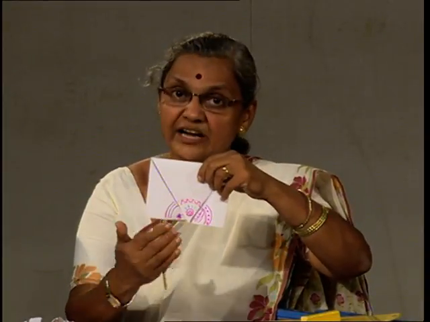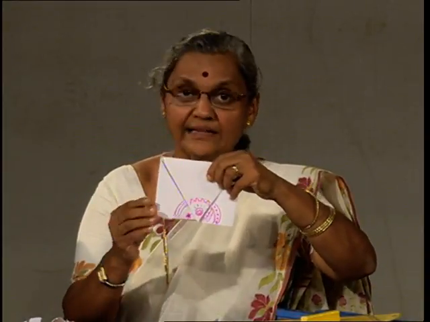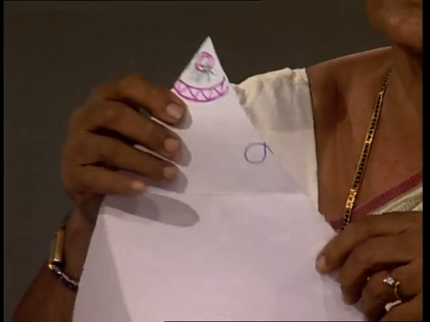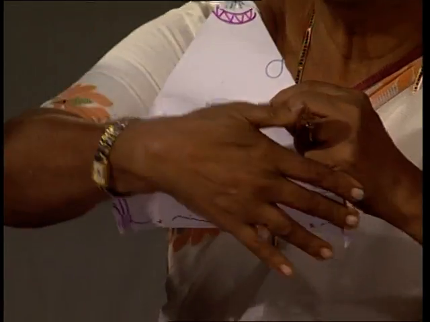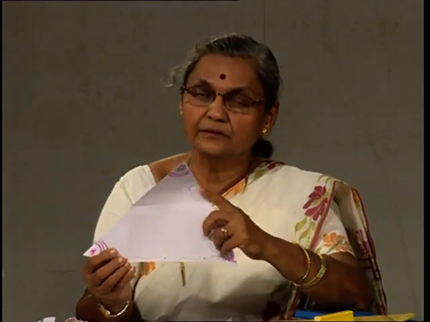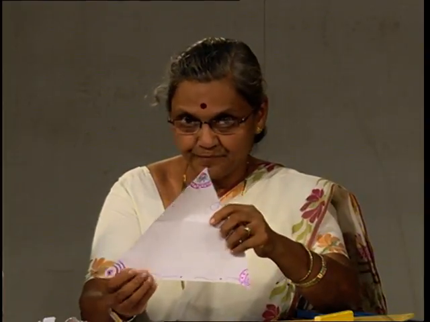This line is a straight line, and we know that the measure of a straight angle is 180. If you unfold it, you can see that the sum of the angles of the triangle is 180. Therefore, this activity is very important for understanding the property of a triangle.